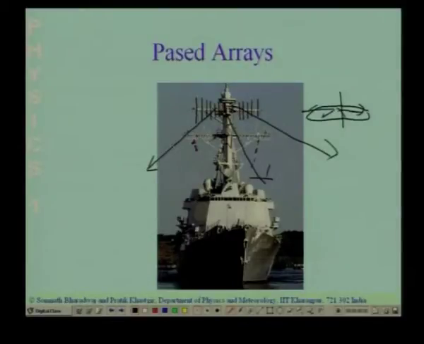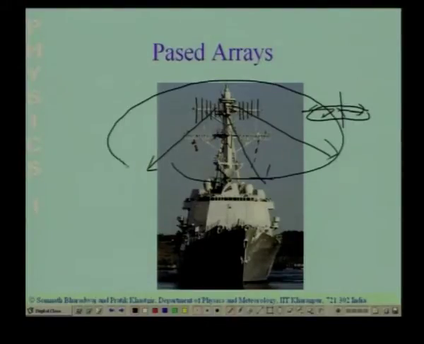If you give a phase difference between the dipoles, you can change the direction in which you have the maxima, and if you change the phase difference, you can make the direction of the maxima slowly sweep the whole sky like this. And this can act like a radar.